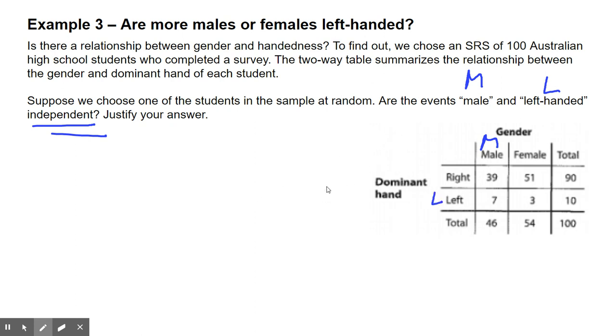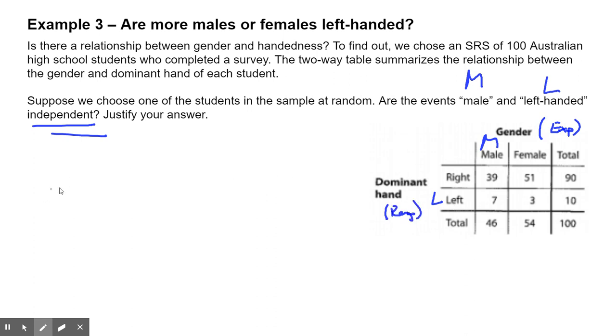What I want you to do is think about which one is the explanatory variable and which one is the response. What is the variable that we set at the beginning, and what are we trying to measure? I think that gender is the explanatory variable, and we're really trying to find the probability of being a certain hand. So this is my response.